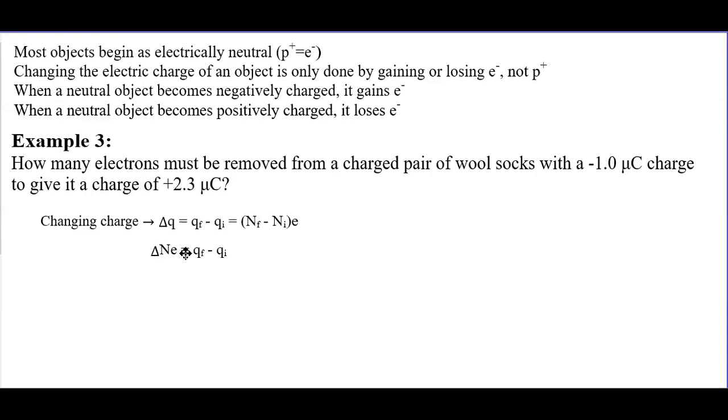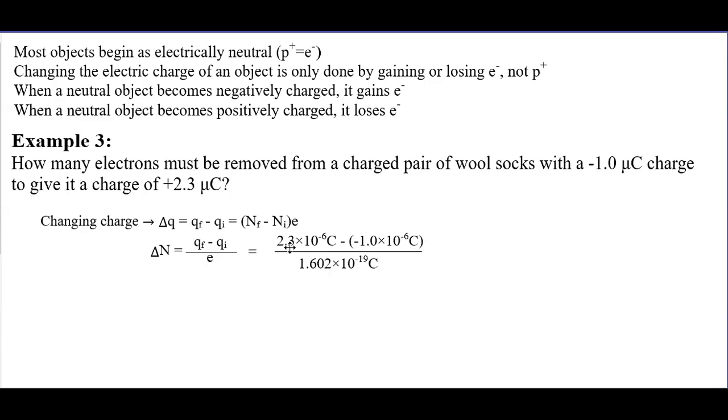Based on what we know, our final charge, our initial charge, we're just looking for the number of charges that have changed over. So you can just manipulate the equation, subtract, and divide by your constant. It looks like this. 2.3 times 10 to the negative 6, because that's what a micro means, coulombs minus the -1 microcoulomb, so 1 times 10 to the negative 6 coulombs.